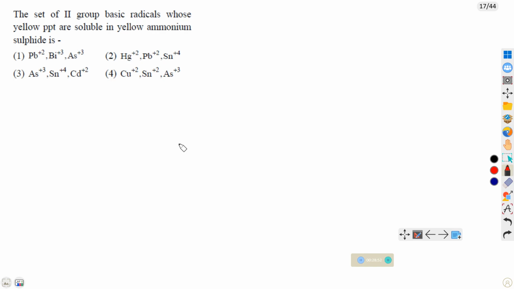The set of second group basic radicals whose yellow precipitates are soluble in yellow ammonium sulfide. Second group basic radicals are again divided into group 2A and group 2B.